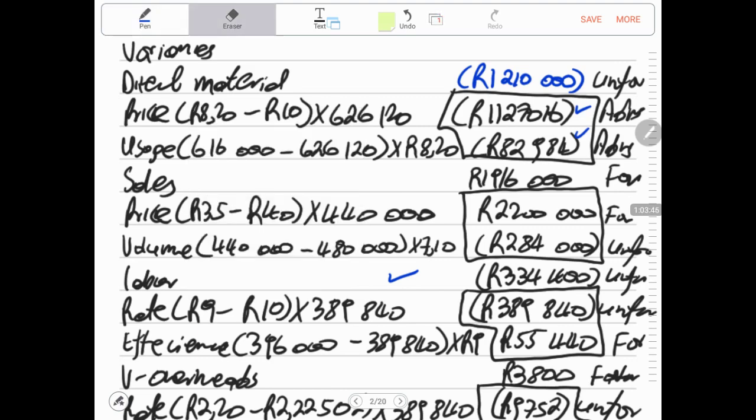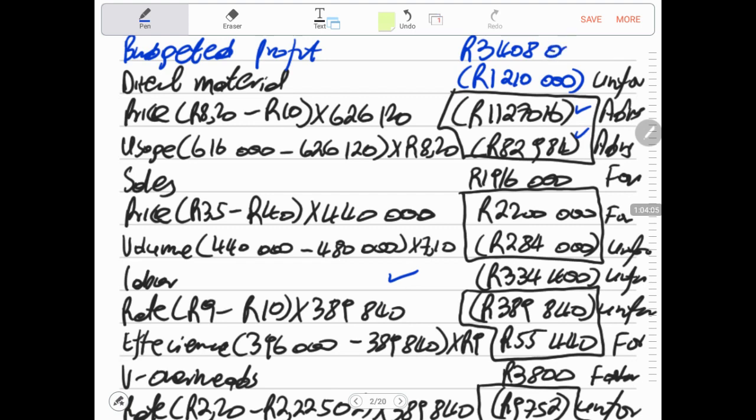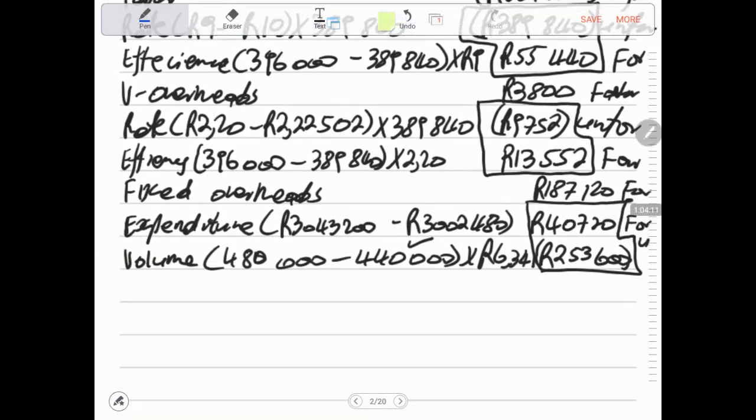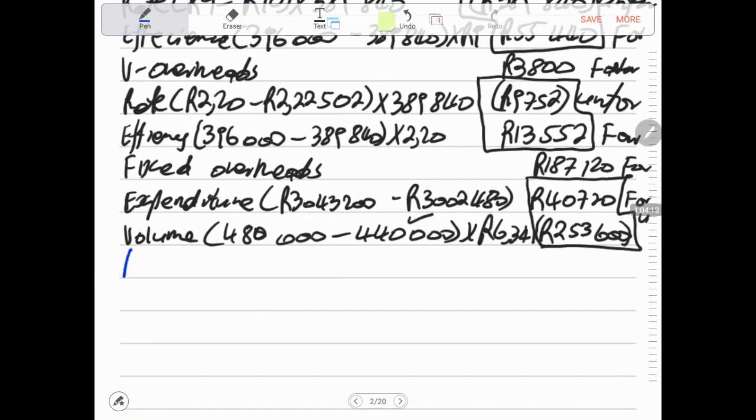Now, in closure, we start by saying budgeted profit, and my budgeted profit is 3,408,000. Then I minus where it is unfavorable, I plus where it is favorable. Then this will give me the actual profit at the end.